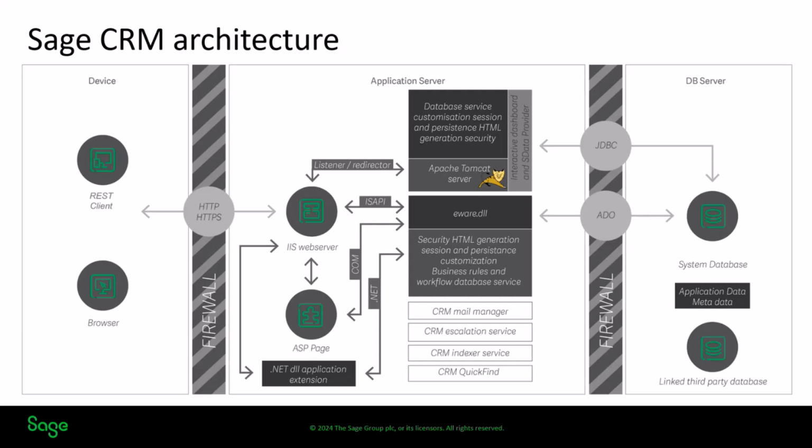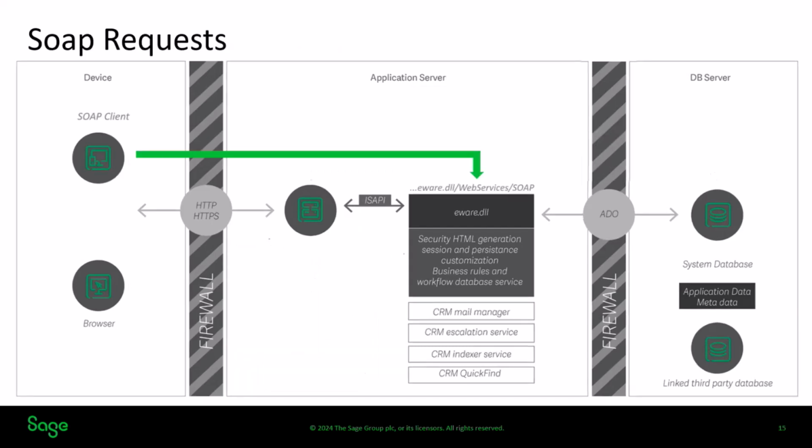When it comes to the SOAP-based API, we're going straight into the EWARE DLL. So it's using all of the concepts of the API that we are familiar with, the concept of the session ID passing through security in exactly the same way.